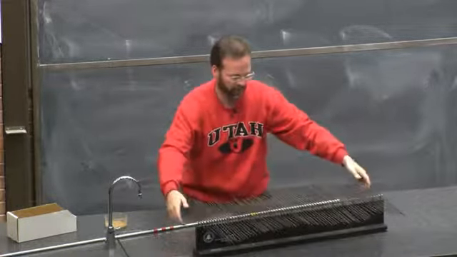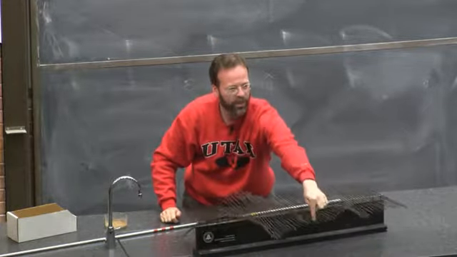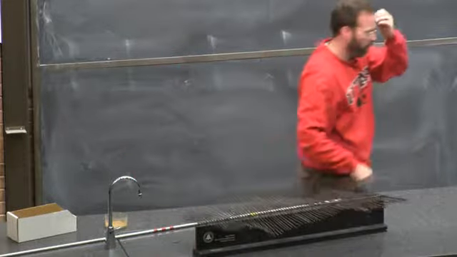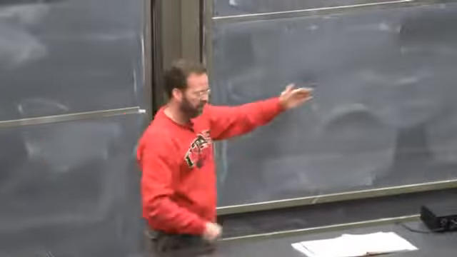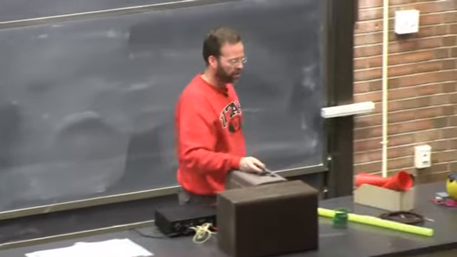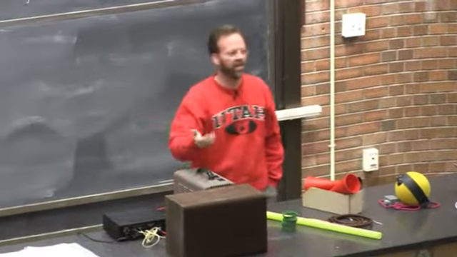It's destructive interference. It just stays put. It doesn't get bigger. So when the incident wave and the reflected wave interfere, you can get constructive or destructive interference. If it's constructive, you can get a standing wave.